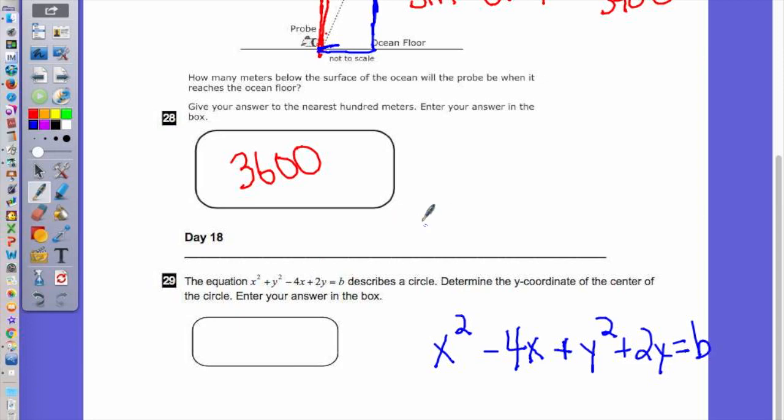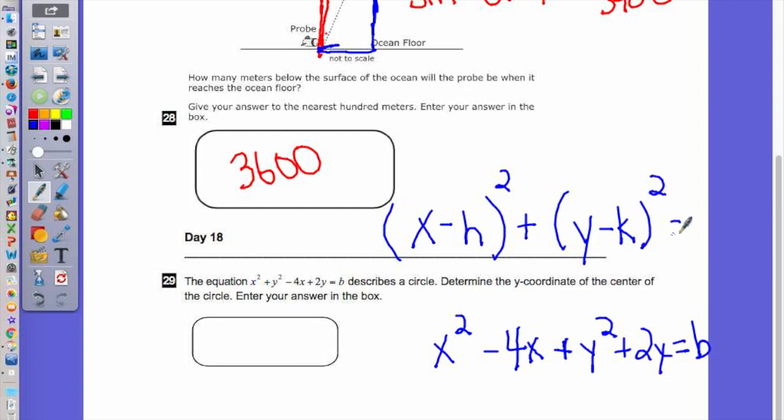So remember, the format is x minus h, quantity squared, plus y minus k, quantity squared, equals the radius squared. So I really don't care about this part over here, in this case, because I only need the y coordinate. So I need to complete the square, y squared plus 2y.